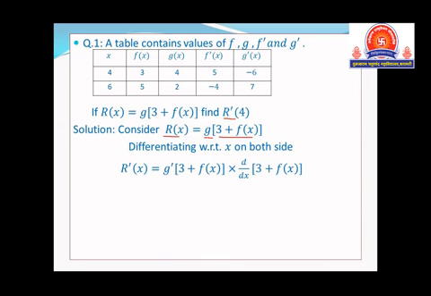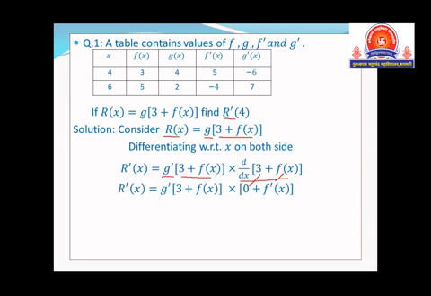So derivative of g is g dash here, and the inner function take as it is, 3 plus f of x, and into derivative of that inner function is there. So what we get? See, r dash of x is equal to g dash of 3 plus f of x as it is, into derivative of that, 3 is 0 and f of x is f dash of x.